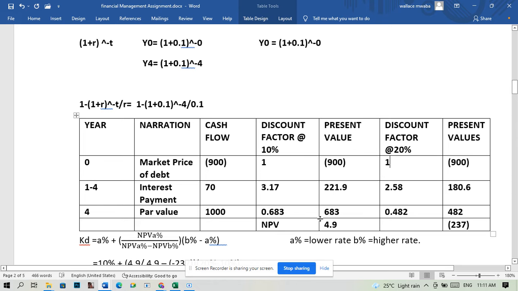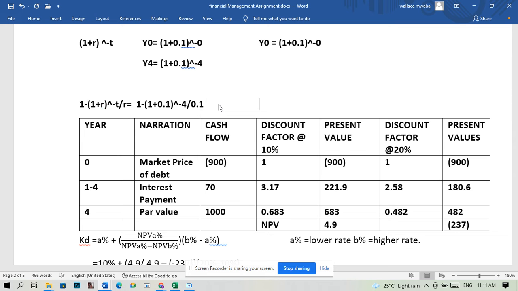Then for year 1 to year 4, we use the same formula. This time, it's 0.2, sorry, it's now at 20%.